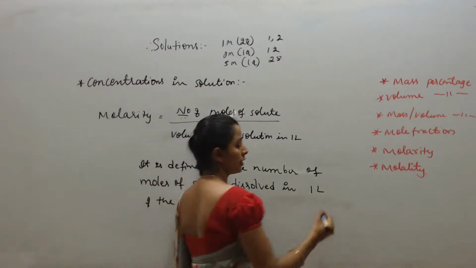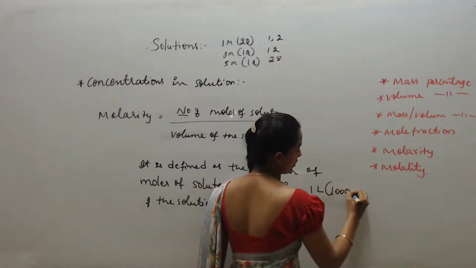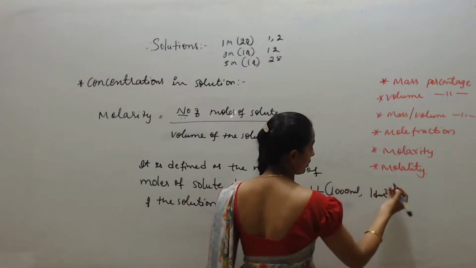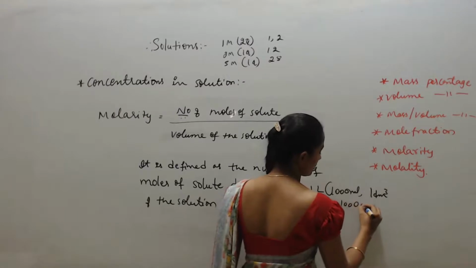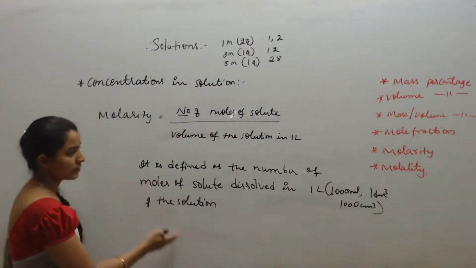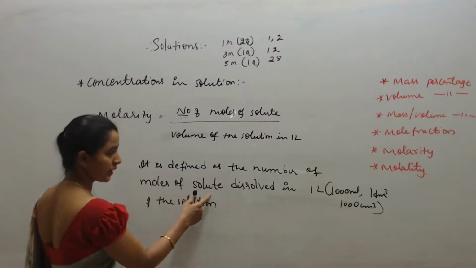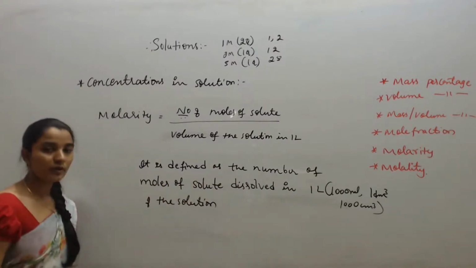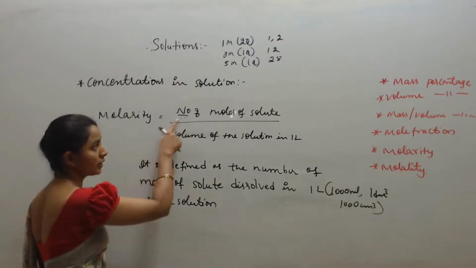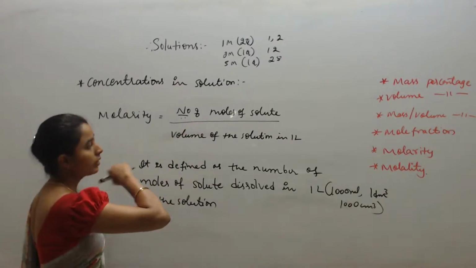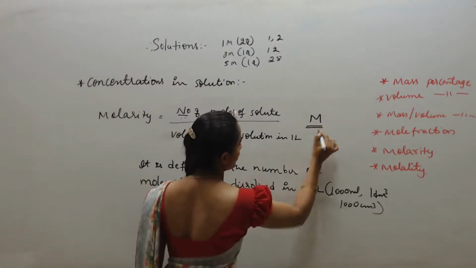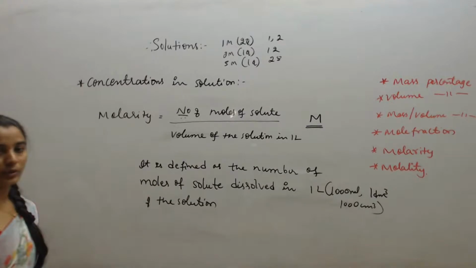Instead of 1 liter, you may use 1000 ml or 1 dm3, 1000 cm3, whichever way you want. It is defined as the number of moles of solute dissolved in 1 liter of solution. So that is called molarity: the number of moles of solute dissolved per volume of solution. The unit of molarity is capital M.